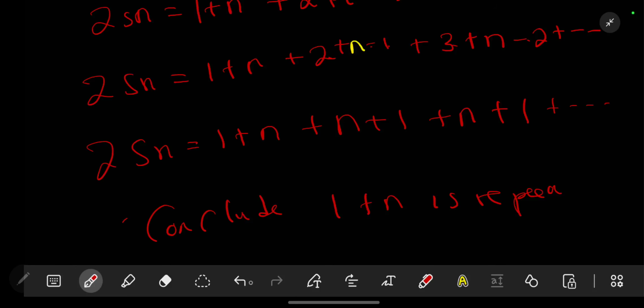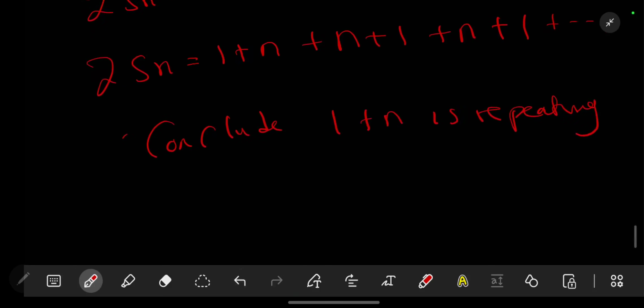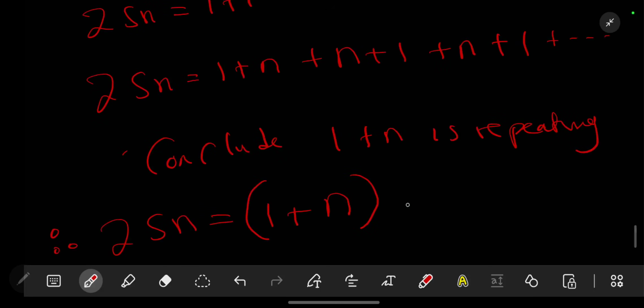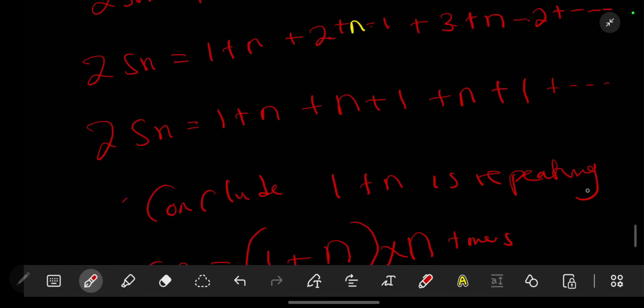So if 1 plus n is repeating, that simply means 2Sn is equal to 1 plus n times, how many times is it repeated? n times. Depending on the number of terms, it will be repeated n times.